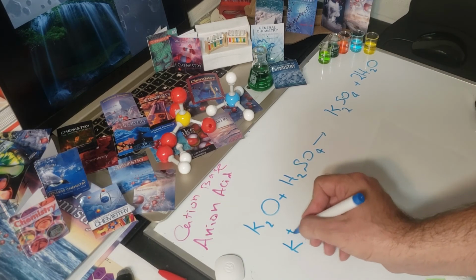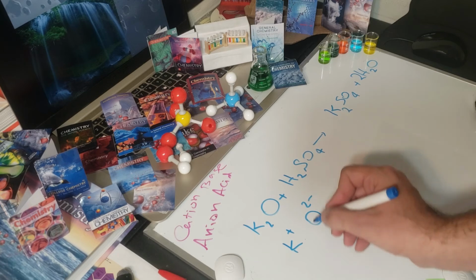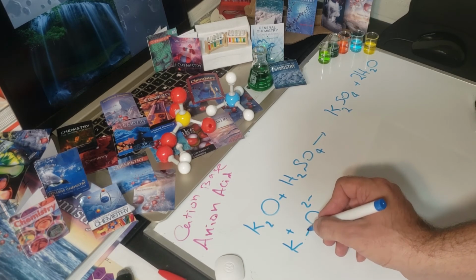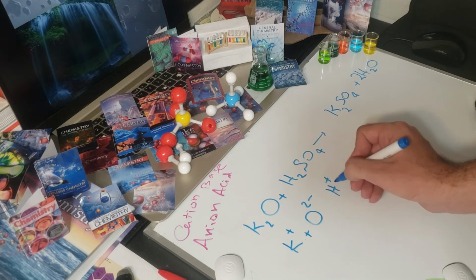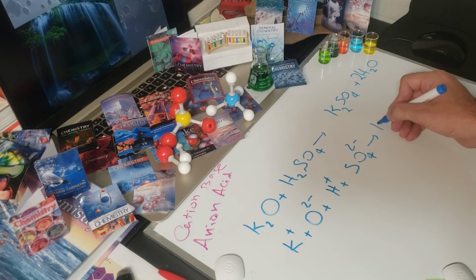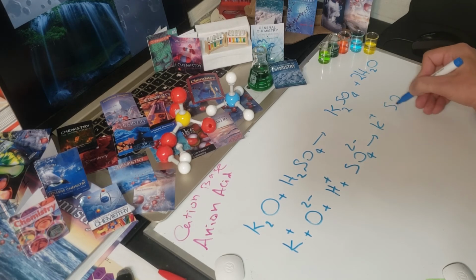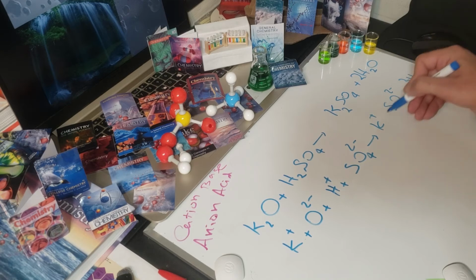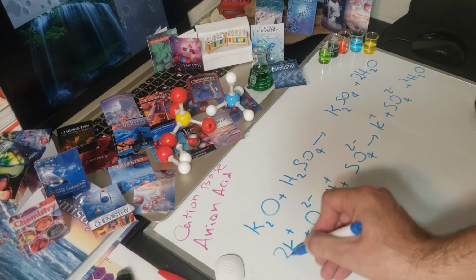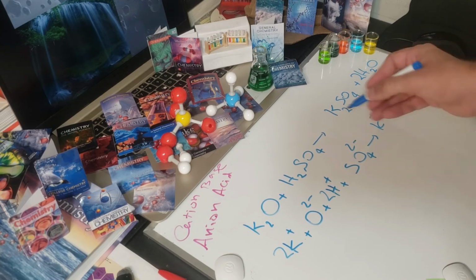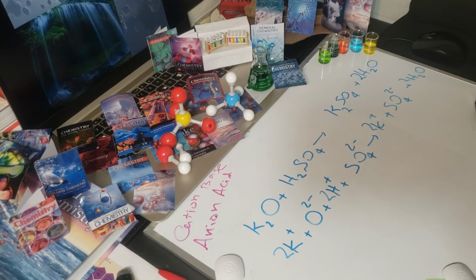Let's just do the cations and anions. H plus, SO4 double minus, K plus, SO4 double minus, H2O, and 2 of it. Okay, 2 potassiums, 1 oxide, 2 H plus, 1 sulfate, 2 K pluses, 1 sulfate, and that's all.